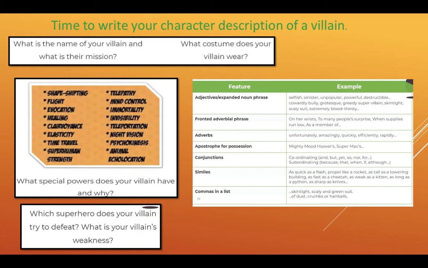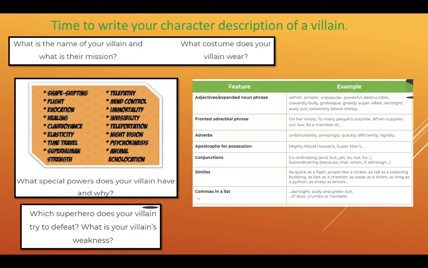So expanded noun phrase, we saw it at the beginning of the villain story. So you can have selfish, sinister, unpopular, powerful, destructible, cowardly, bully, grotesque, greedy, super villain, skin tight, scaly suit, extremely bloodthirsty. They are all very good words to use in an expanded noun phrase because they're all adjectives describing the noun.